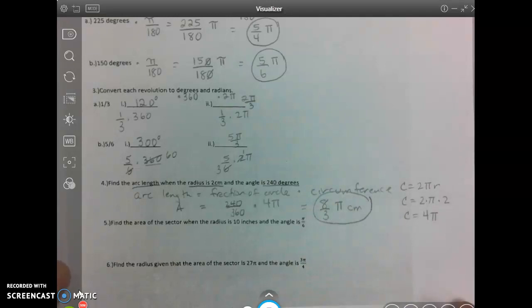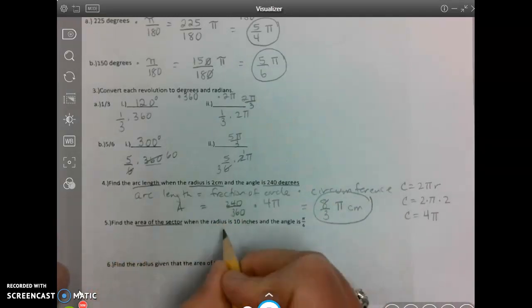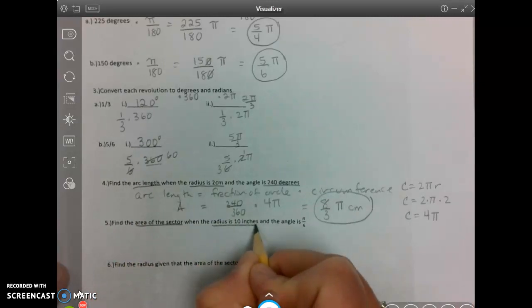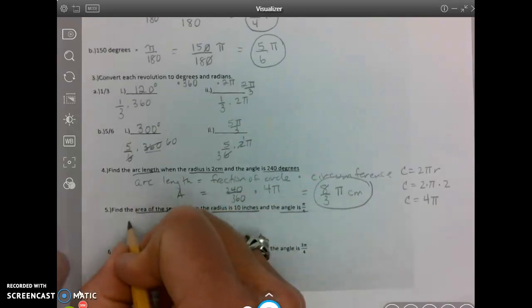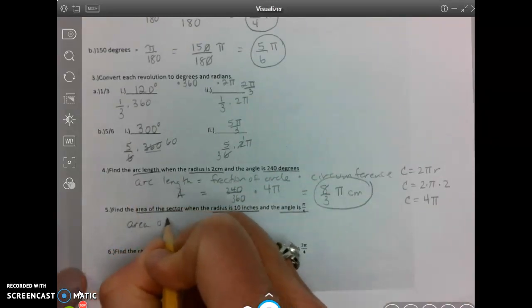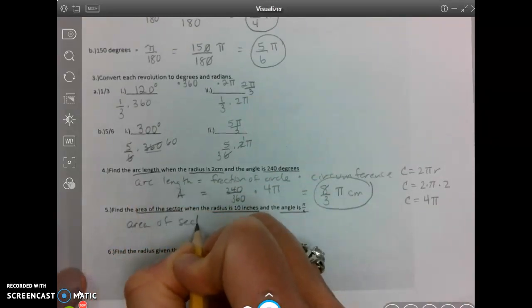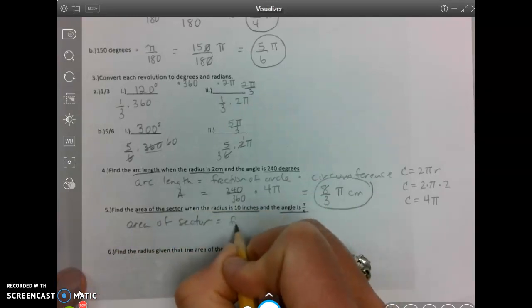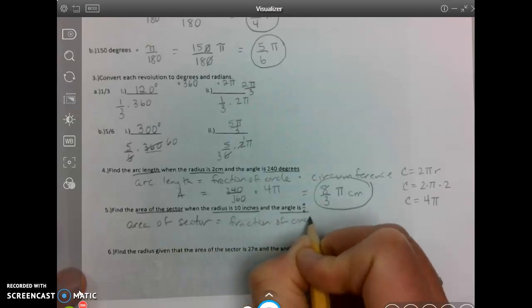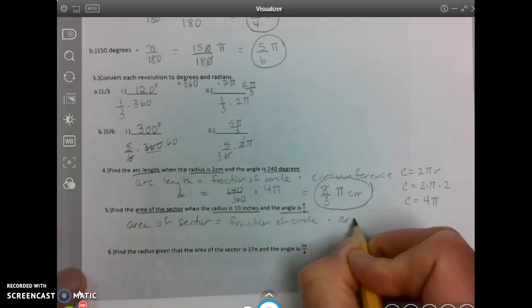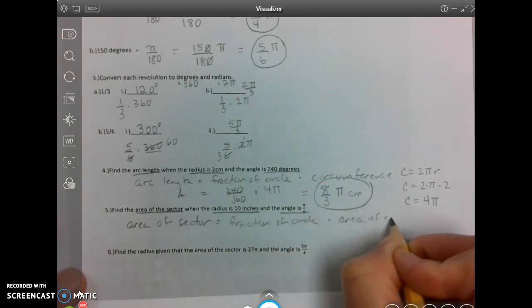Right. For number 5, I have area of the sector when the radius is 10 inches, and the angle is pi over 6. So area of a sector is the fraction of the circle times the area of the circle.